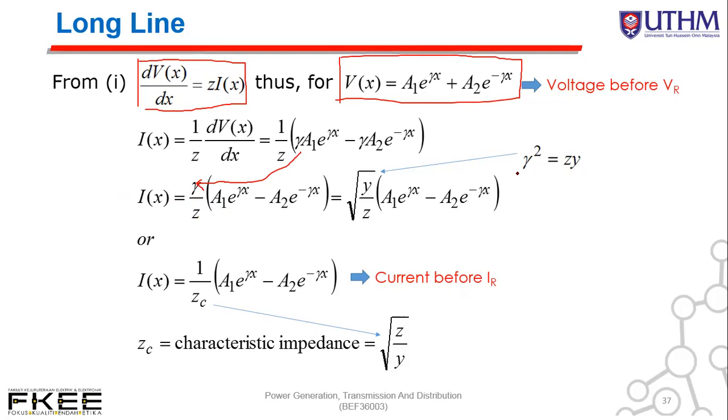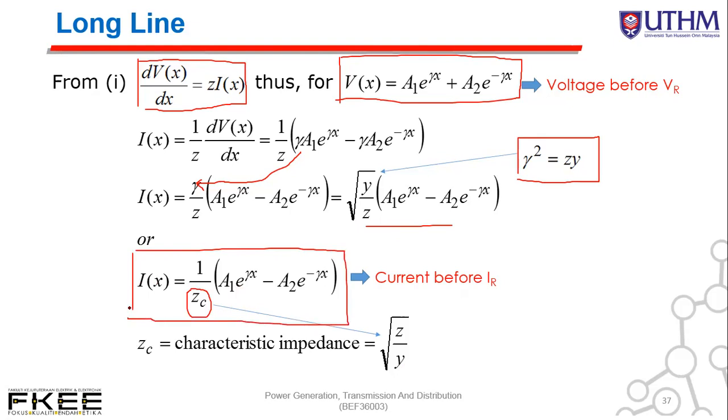Since γ squared equals ZY, we can replace this in the equation, so we got Ix equal to this equation. Further, we can replace Zc equal to the square root of Z over Y. So we got Ix equal to 1 over Zc times (A1 e^(γx) minus A2 e^(−γx)).